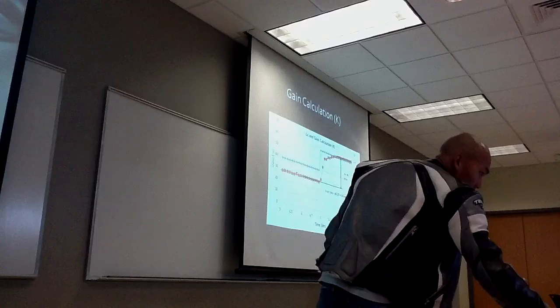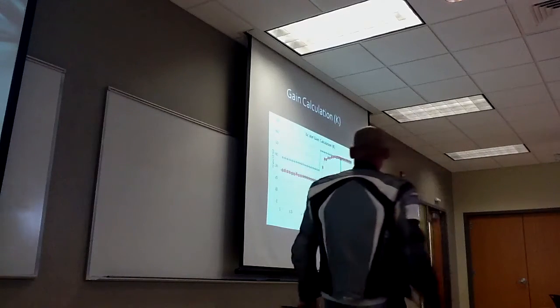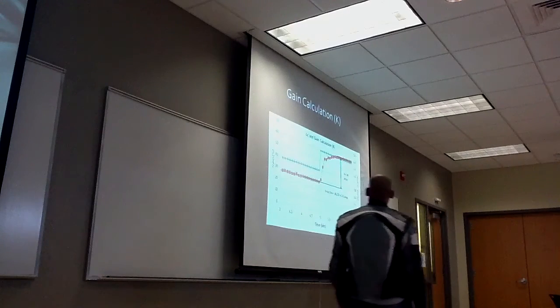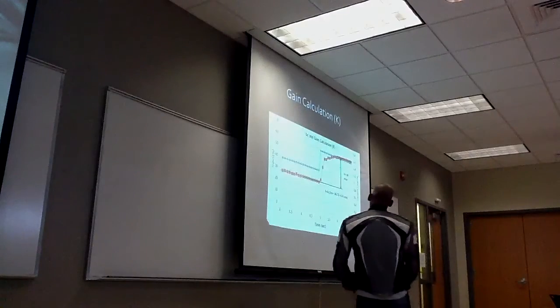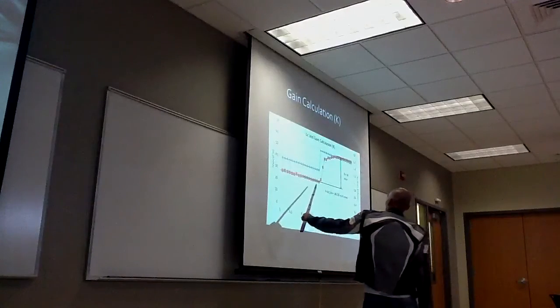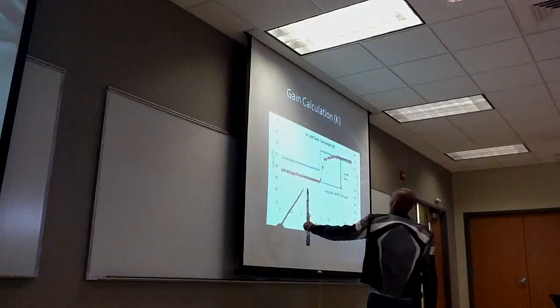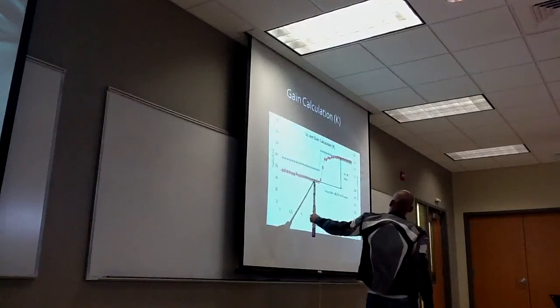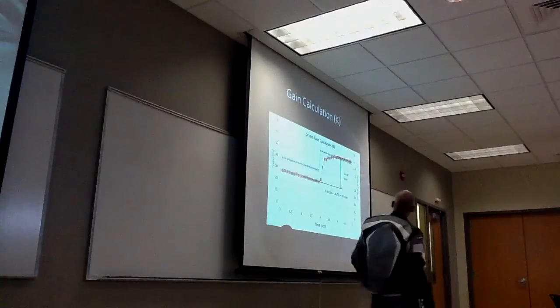This graph here is showing the gain calculation. From here, I found the delta C. Delta C is the range of the lower output compared to the upper output.